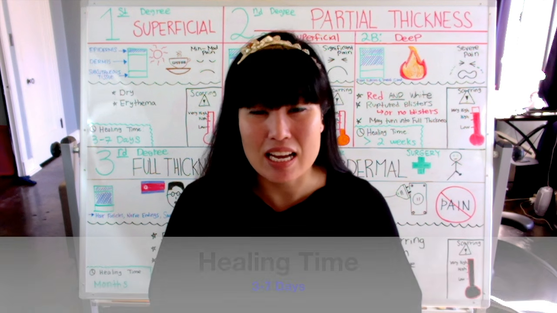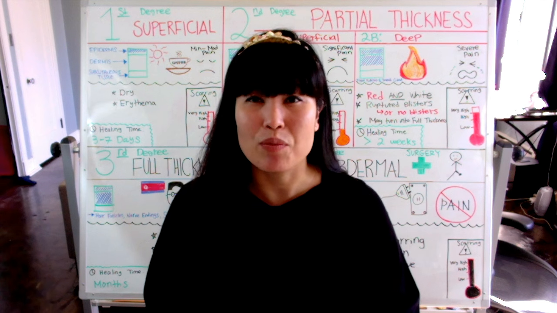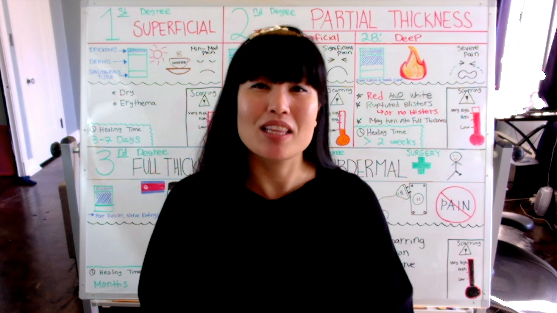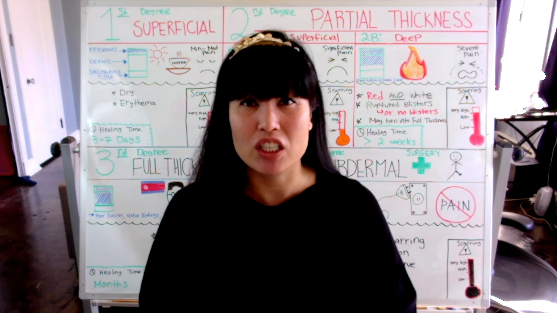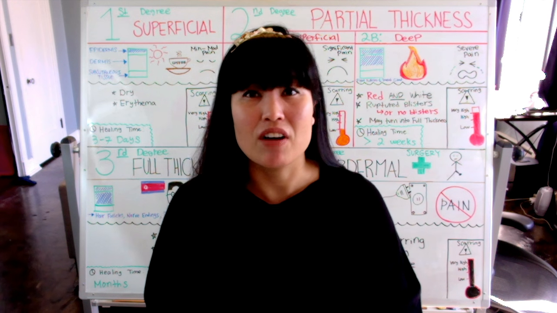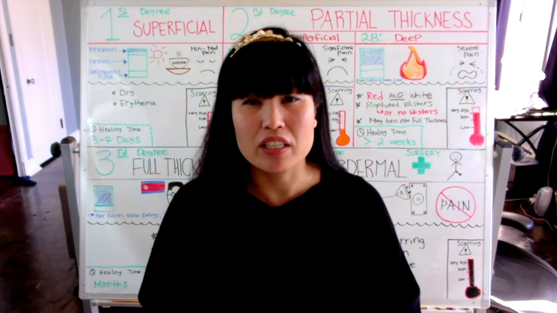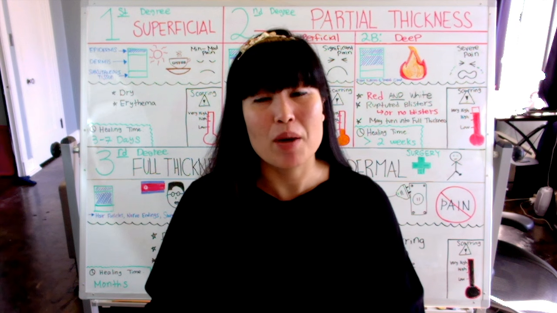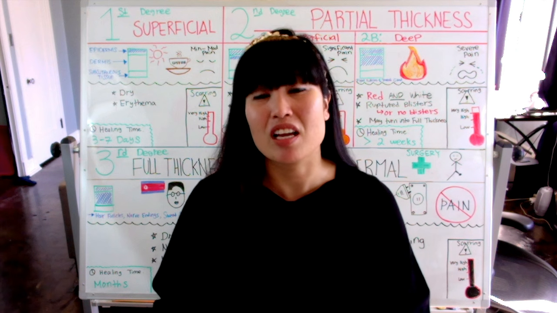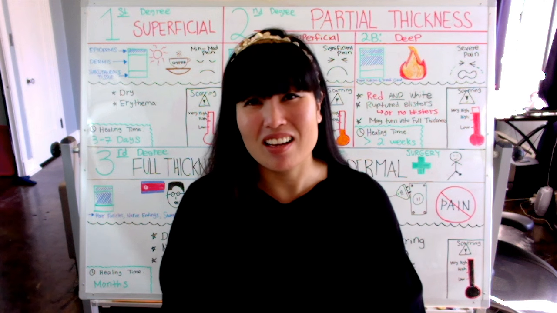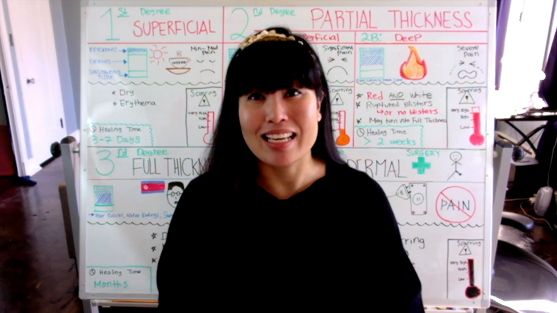And healing time, you guys, is correlated when we're talking about burn injury to a likelihood of developing a hypertrophic scar, contracture, or a functional impairment. So generally speaking, when a burn wound takes 21 days or longer to heal, the chances that you'll have scarring and functional impairment is high.